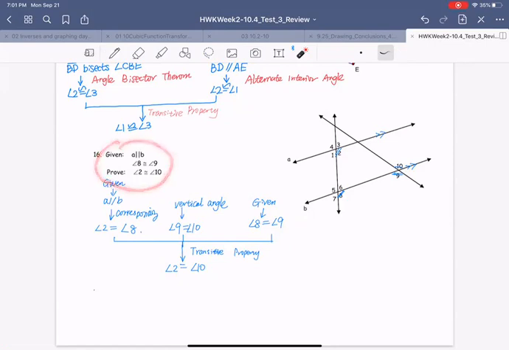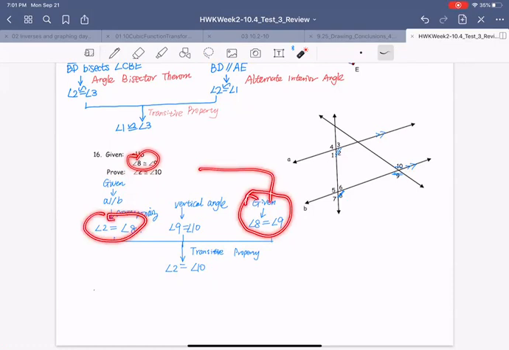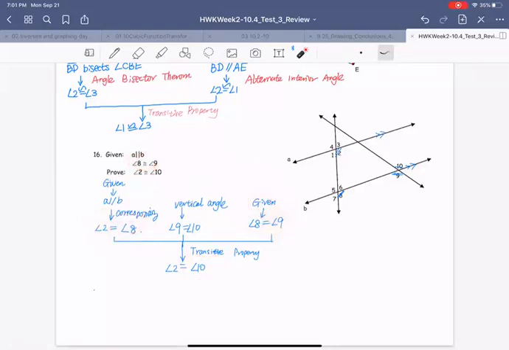Even if you struggle, you write down all of the given conditions. Then you see 8 and 9 equal 2 equals 9. This is your destination. As long as I get 9 equals 10, problem solved. This is the correct way of doing the proof.